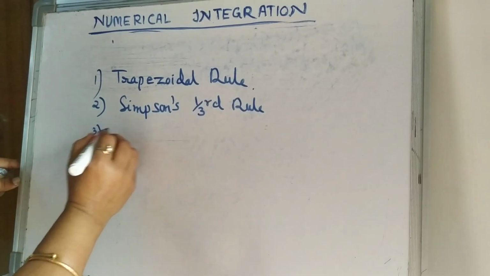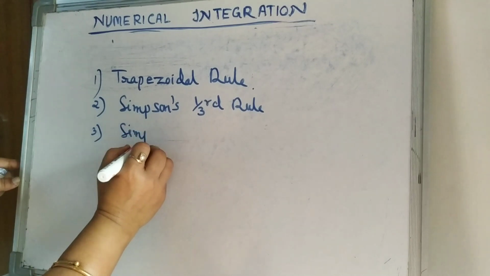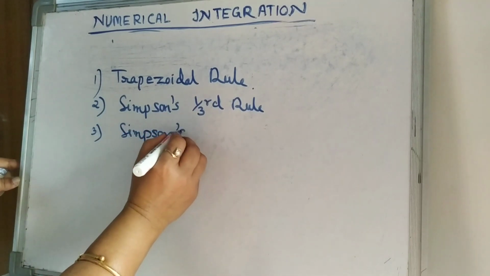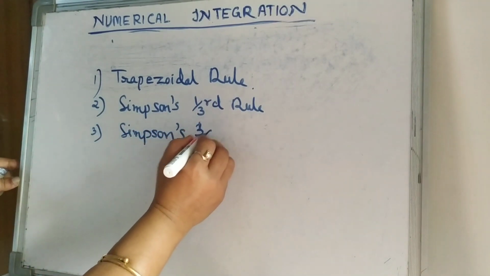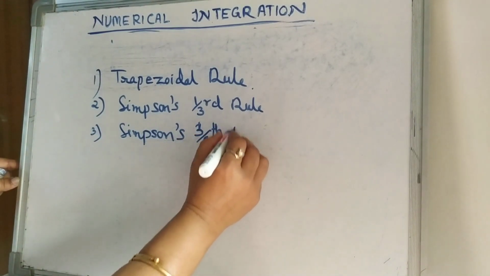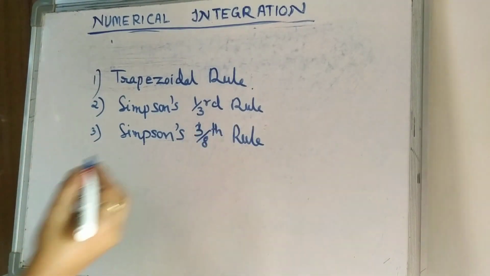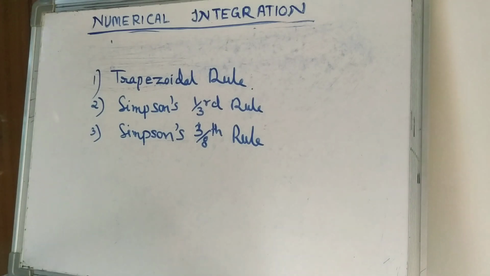And the third one is Simpson's 3/8 rule. So three methods, three techniques, are there for finding numerical integration.